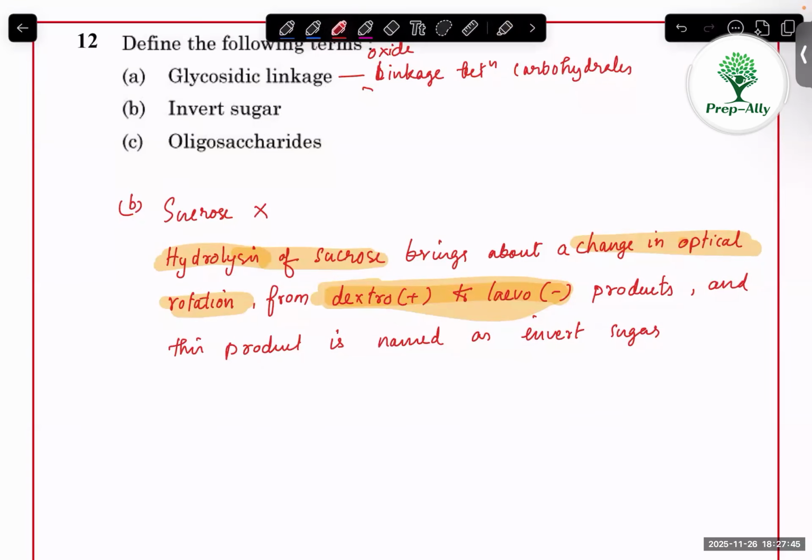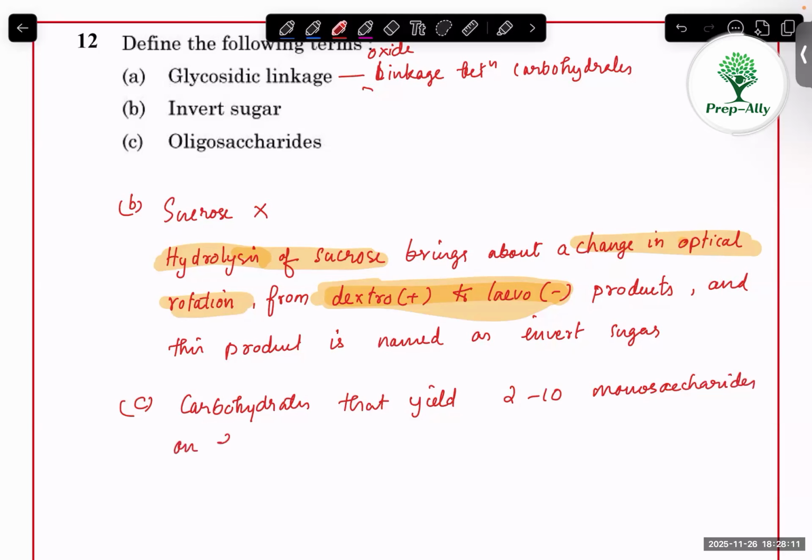Next, C part, what are oligosaccharides? You can write directly that these are carbohydrates that yield 2 to 10 monosaccharides on hydrolysis.